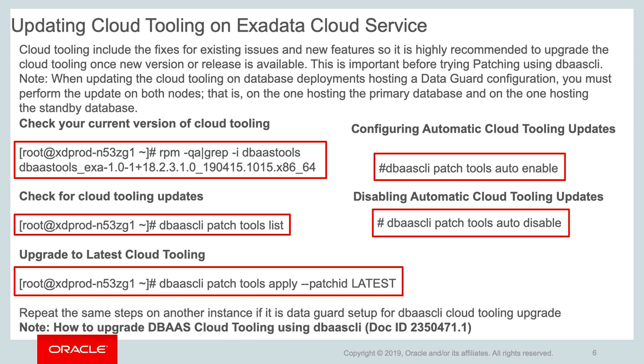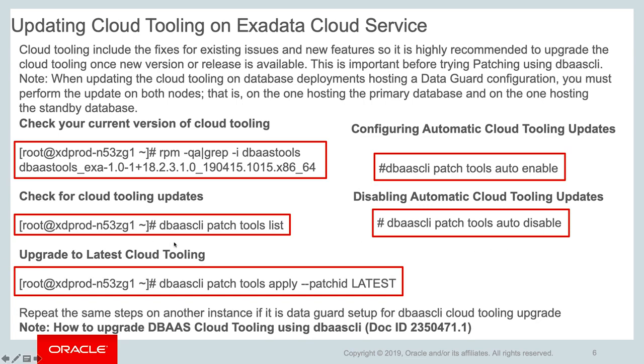How it does this is it will create an entry inside the crontab, and that gets checked based on the scheduling, and when a new patch is available, it performs that particular maintenance task.